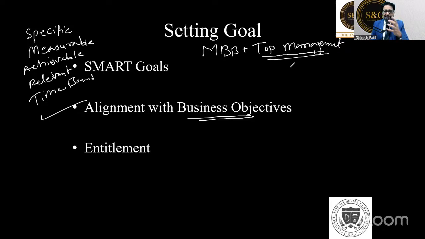See, every organization does this exercise of strategy. Every organization makes strategies for this year, yearly strategies. Some organizations make 3 yearly, 5 yearly strategies. There are some frameworks, let's say SWOT analysis: strengths, weaknesses, opportunities and threats.